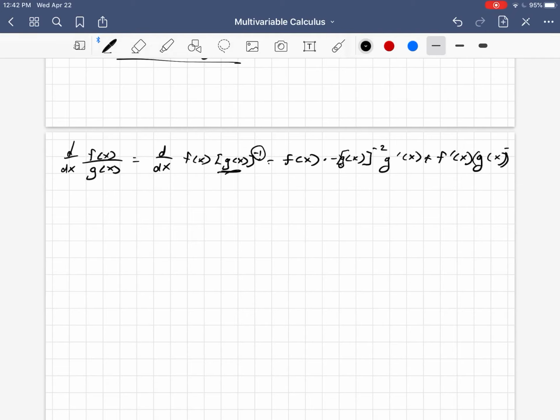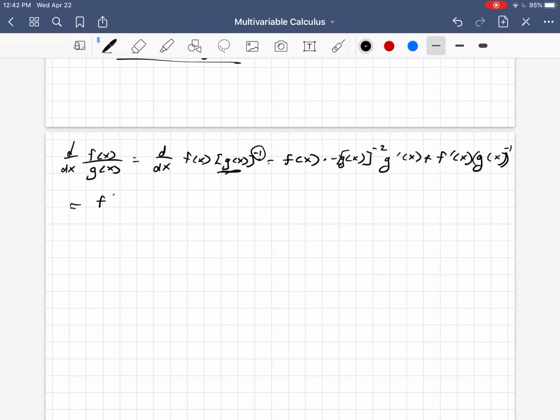Now we add the derivative of f of x, and then we keep the g of x to the -1.